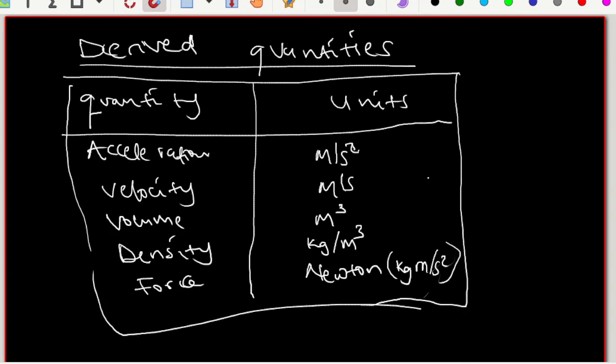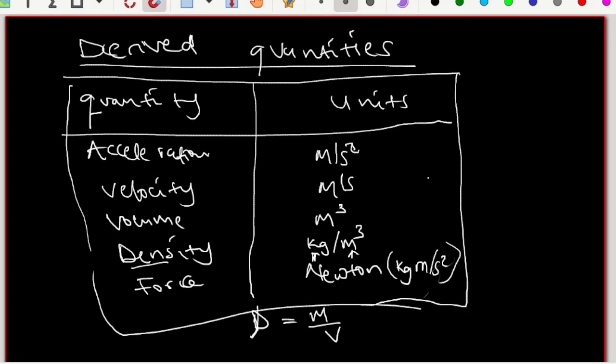Then if you have more than one basic unit, or more than one quantity which you're measuring, when you're measuring something, then it has more than two quantities. For instance, let's look at density. Density has kg and meters cubed. The formula for density is equal to what?